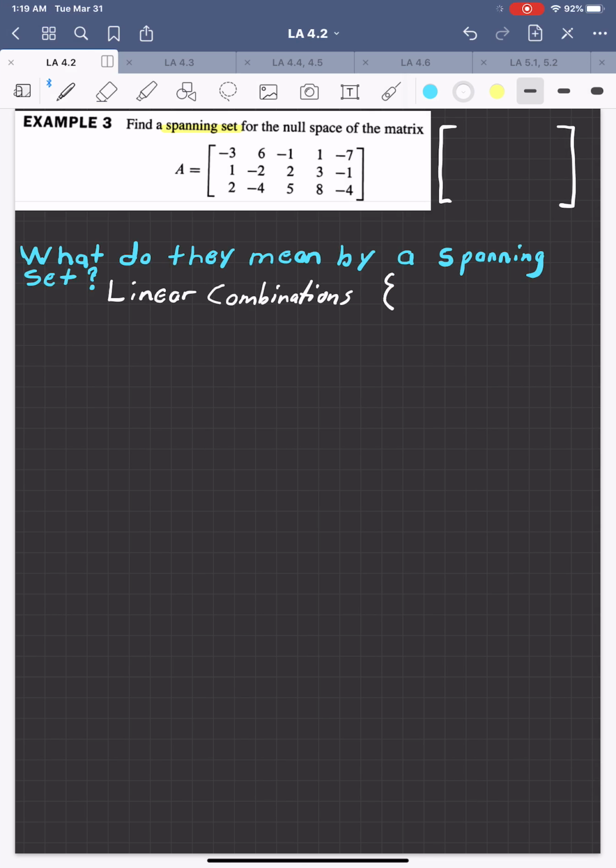In other words, there is some set of vectors, we don't know what they are yet, that you could use along with a scalar, and you could span or reach every point that is in the null space of this matrix A, okay?